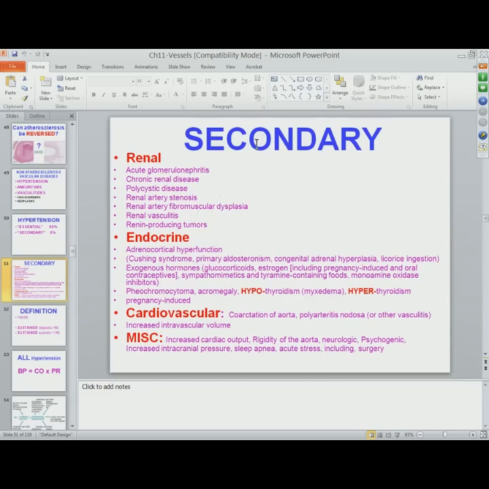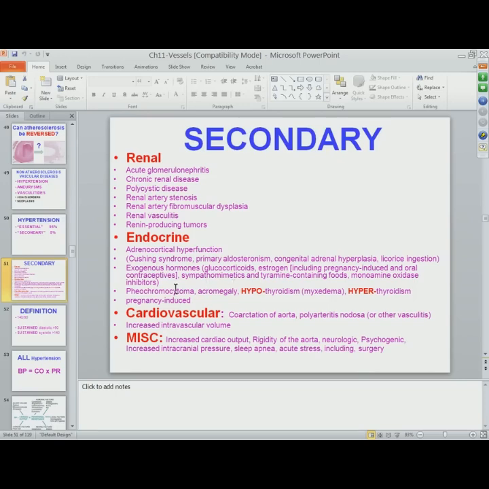Any situation of the kidney, whether it's ischemia on the basis of stenosis or fibromuscular dysplasia, or a vasculitis causing ischemia, or in general chronic renal diseases, even acute glomerulonephritis, almost all types of renal diseases are likely to produce a hypertension rather than a hypotension because of the increased renin. And could a renin-producing tumor of the kidney or even of other places cause hypertension? Of course it could.